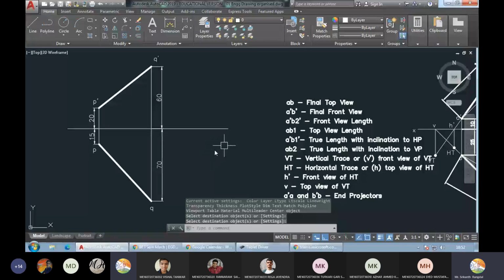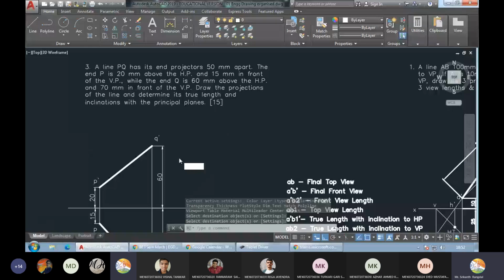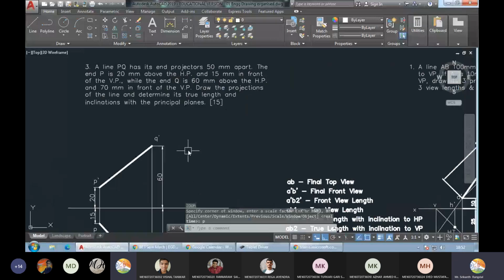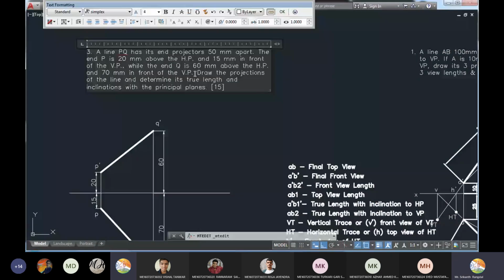So anything else is given in the question? So that's it. This much is defining what is there with us. And now he's asking us to find a few things. We have to draw the projections of the line. Okay, we have drawn it. And we have to determine its true length and inclinations with the principal planes.